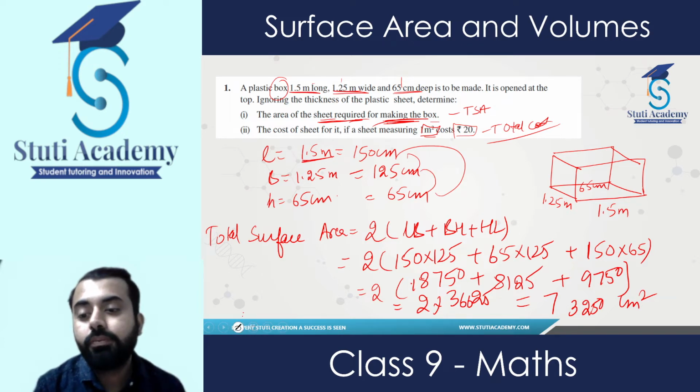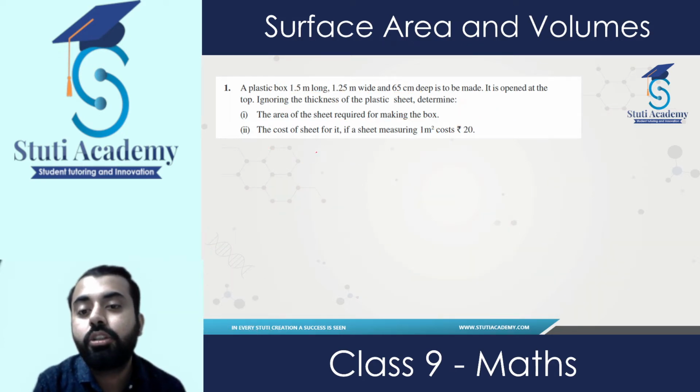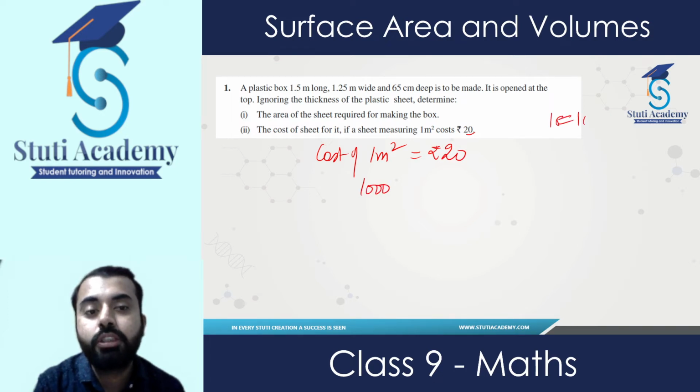Now you guys see, it is given to me that the cost of 1 meter square is 20. That means 1 meter square has what? 1 meter equals 100 centimeter.